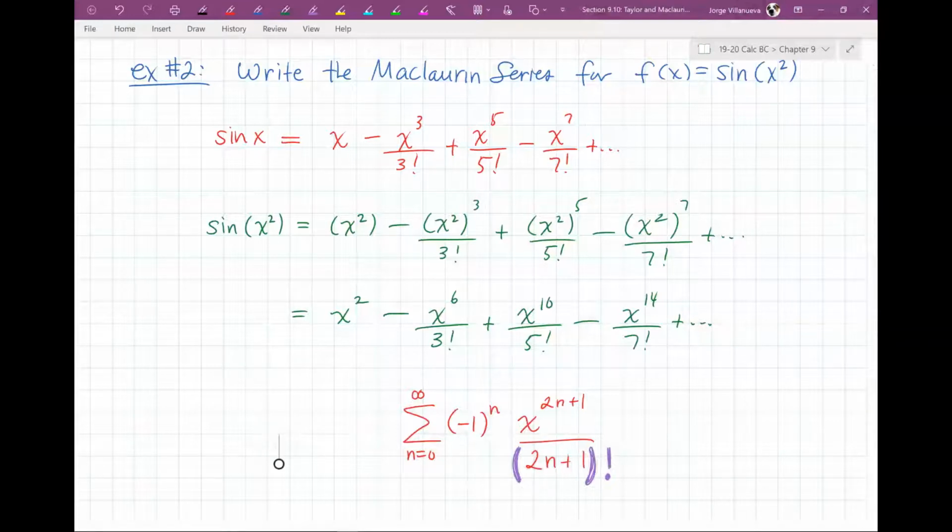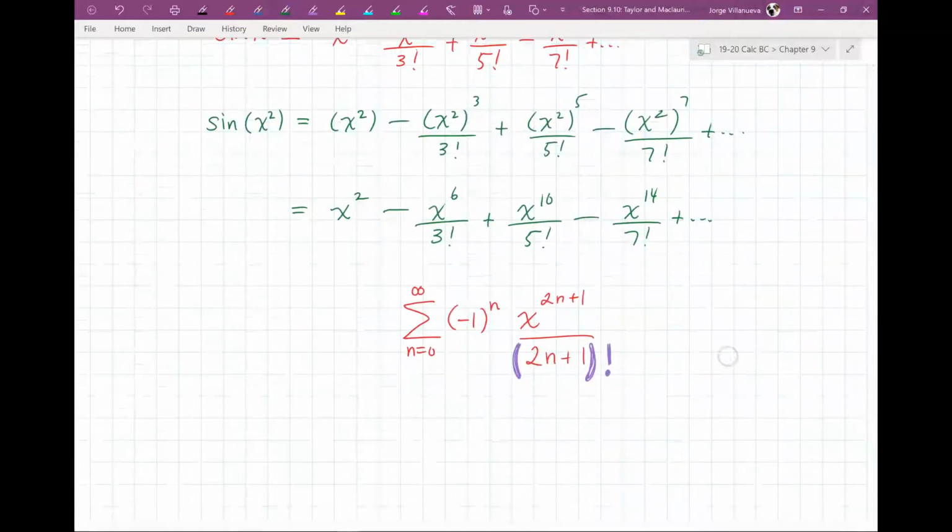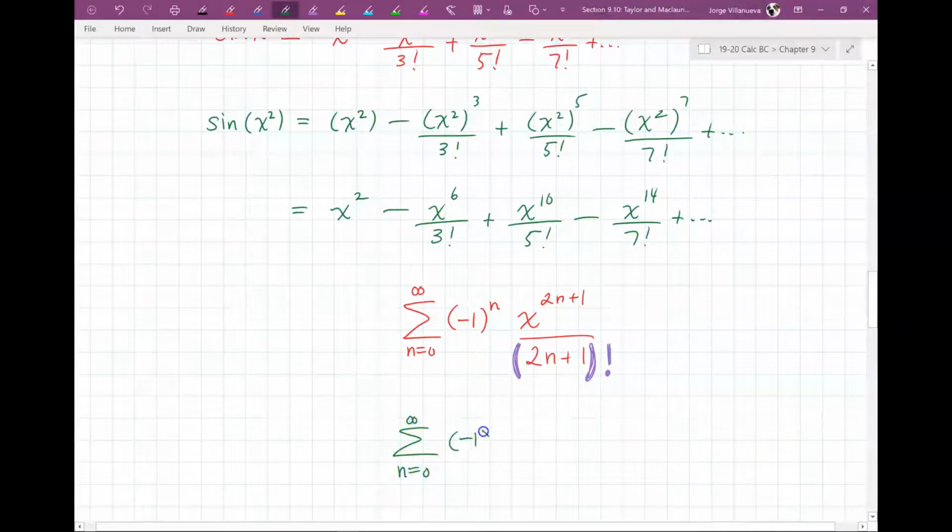What do you think I do if they want sine of x squared? Just, yeah, instead of the x right there, you're going to have to square it. So let me write this in green here. So I'm going to write the sum as n goes from 0 to infinity of negative 1 to the n of x squared to the 2n plus 1 over 2n plus 1 factorial.